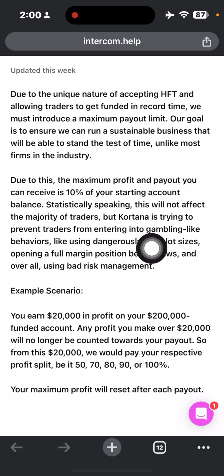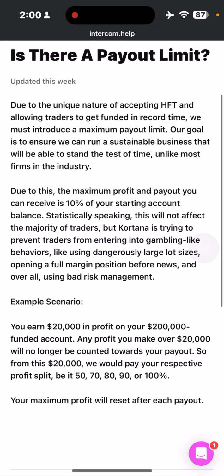On your capital, you can only earn a profit of $20,000, which is 10%. So if you earn 50% or 70%, you won't be paid. You will only be paid if your profit is within this range. Any profit you make over 20K will no longer be counted towards your payout.